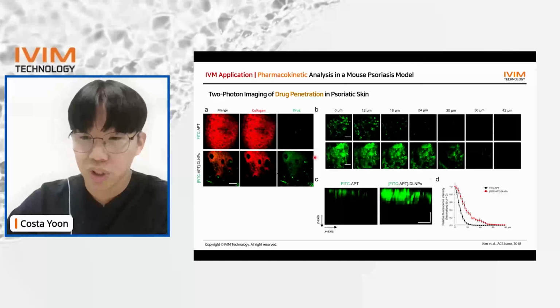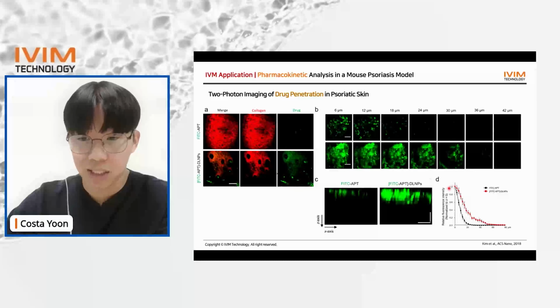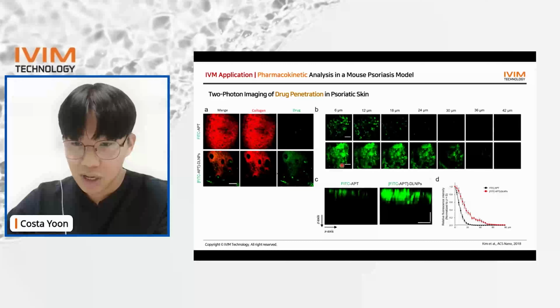Figure B shows the distribution of the drug at different imaging depths. From the depth of approximately 24 micrometers, almost no free drug signal was detected. The cut view image also demonstrates that the DNP formulated drug penetrates substantially deeper into the skin.